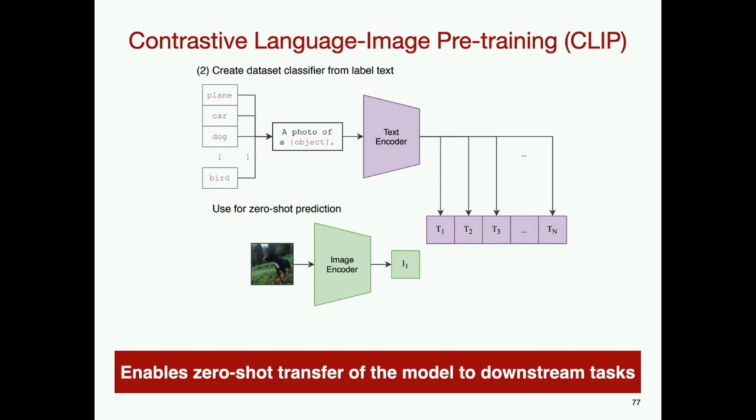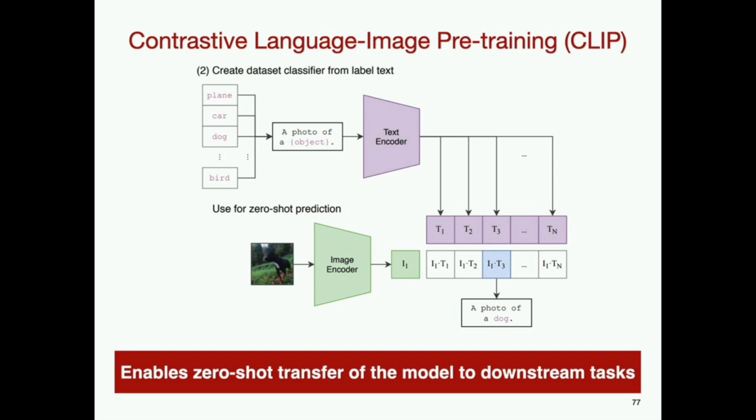Then we can take an image that we want to classify at test time, pass it through our image encoder, and we will know which class this image belongs to by seeing which text representation it has the highest cosine similarity with. Here, since we have a photo of a dog, we can see that the image representation of the dog has the highest similarity with the text representation of the caption, a photo of a dog.